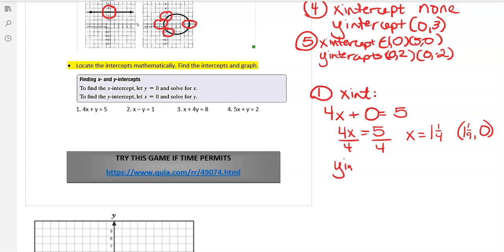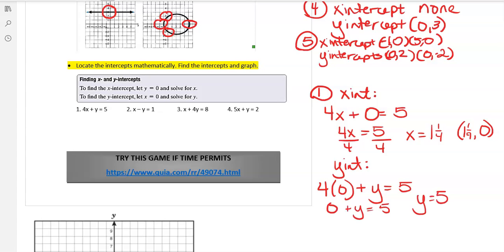So our y-intercept, in place of the x, we put a 0 and solve for y. So we have our y-intercept of 0, 5.